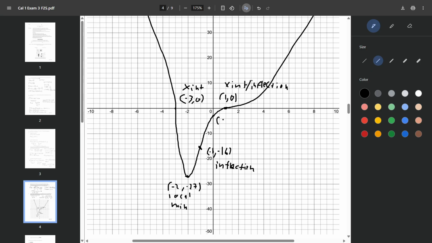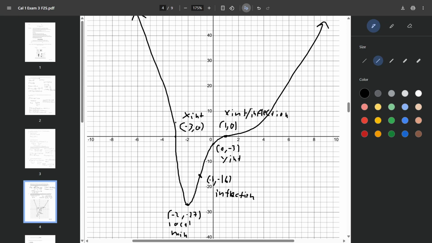Yes. At 0, comma -3, we're going to put our y-intercept. And that seems to be every single condition.